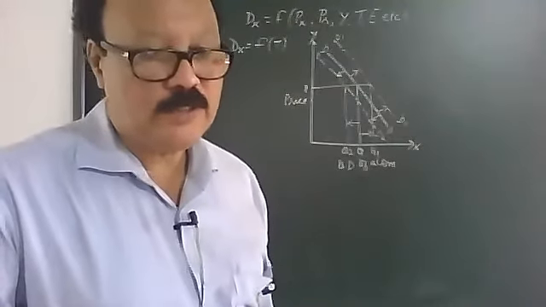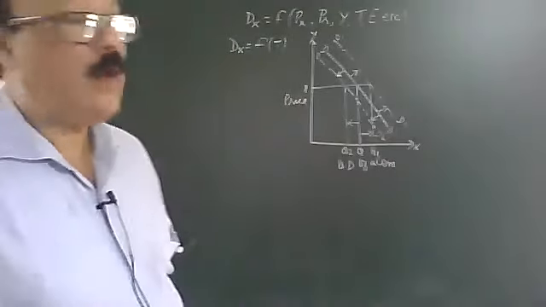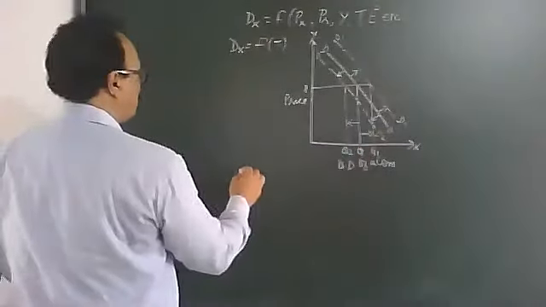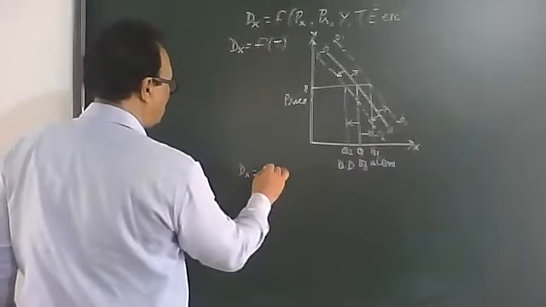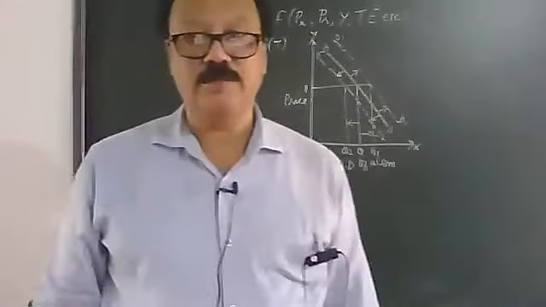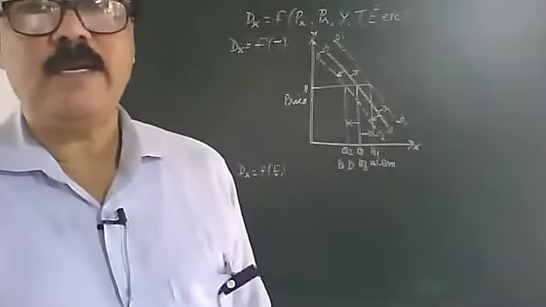Okay, next, after taste and preferences, we come to E. That is, the demand for a commodity X depends on E. E is expectations.